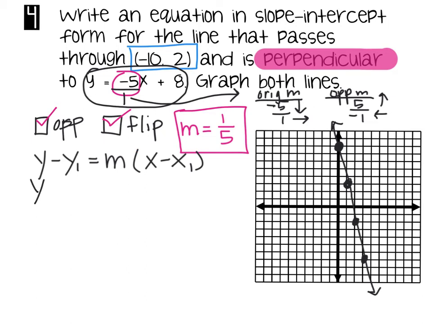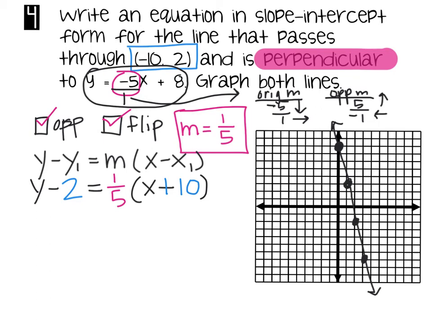So I'm going to go through and do some of that substituting. Now when I get to this point, I notice that my x coordinate is a negative 10. So I'm going to take that extra negative and go ahead and just make that plus 10. If I were to put minus negative 10, I would have to change it into plus 10 because minus a negative is the same as plus.